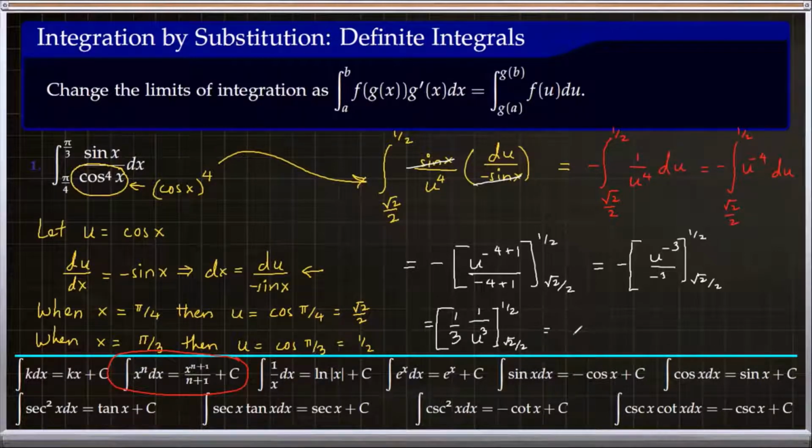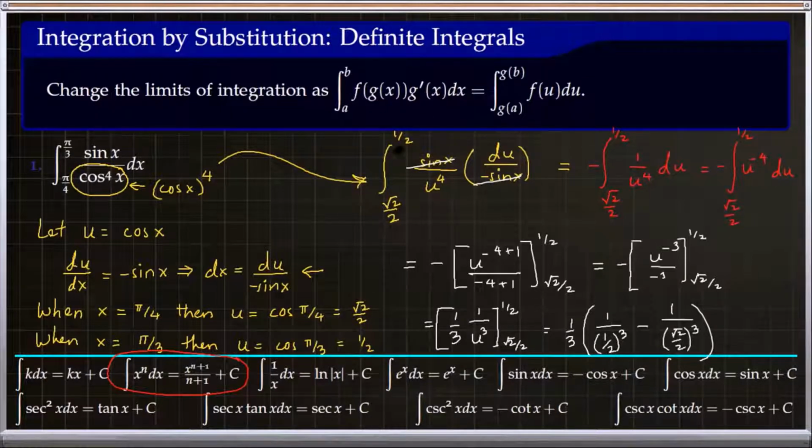Okay, so now we are ready to evaluate this. When u is 1/2, we have 1 over 1/2 cubed. And when u is square root 2 over 2, we have 1 over square root 2 over 2 cubed. So now the rest is just simplifying this expression.